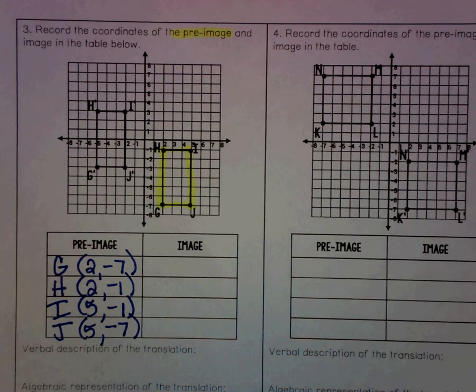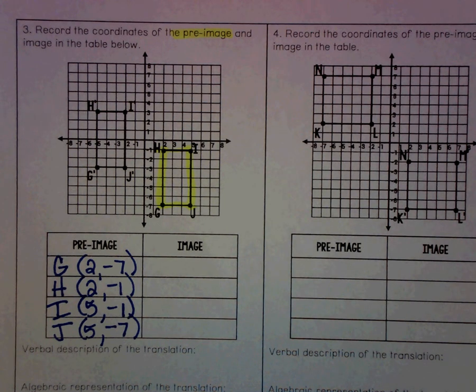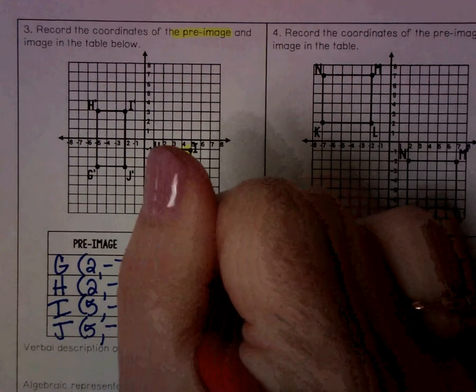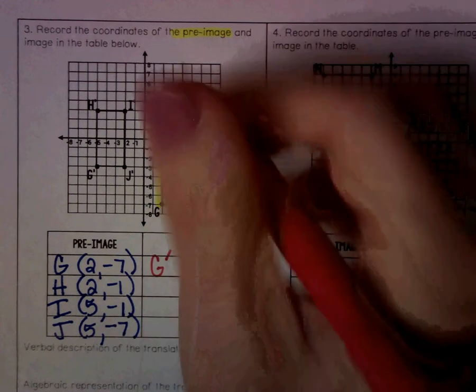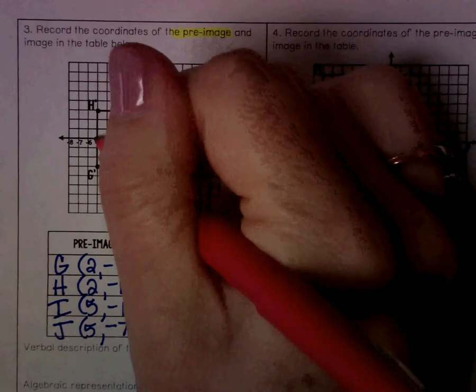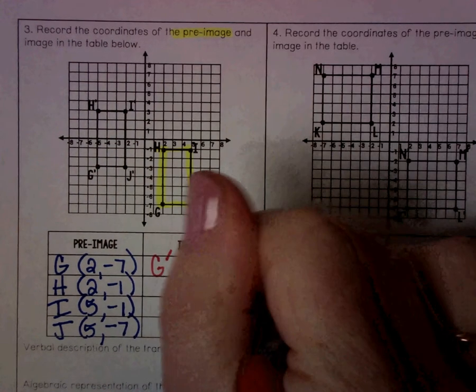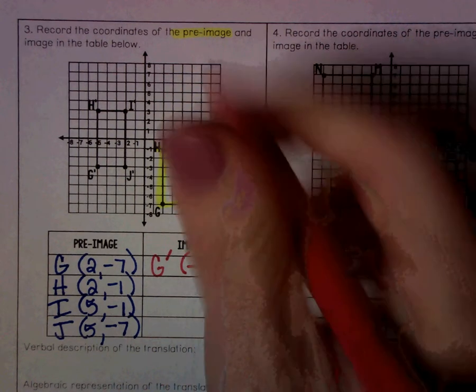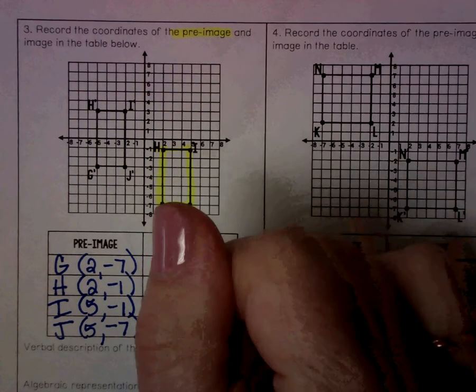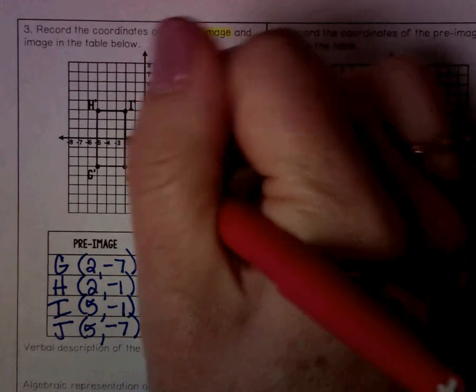Now, let's use a different color. Let's look at our image now. We have G prime, which is -5, -3. Okay, and then we have H prime, -5, 3.